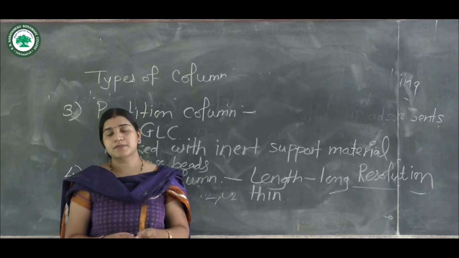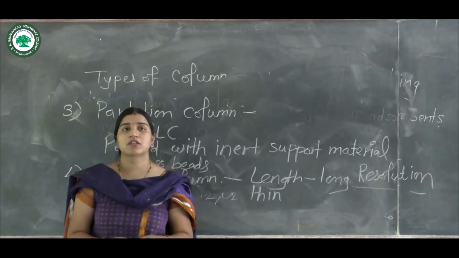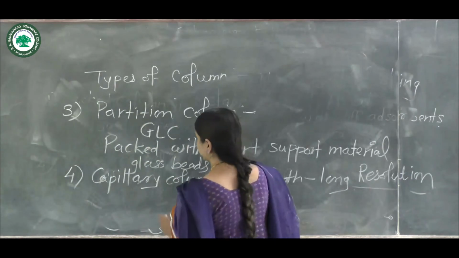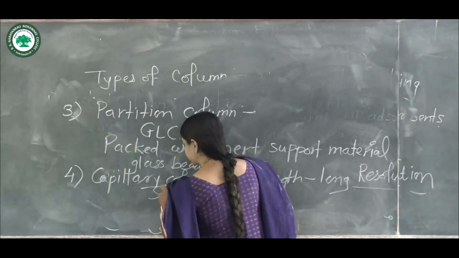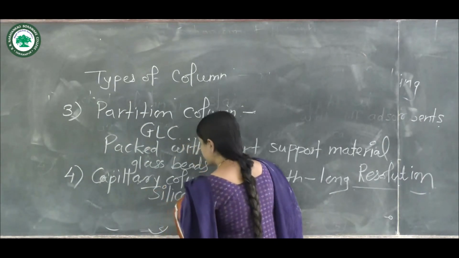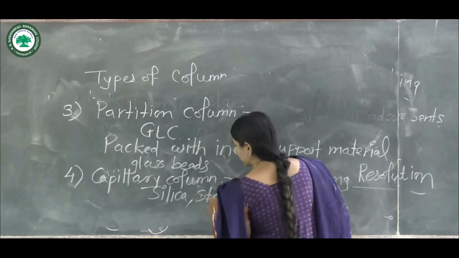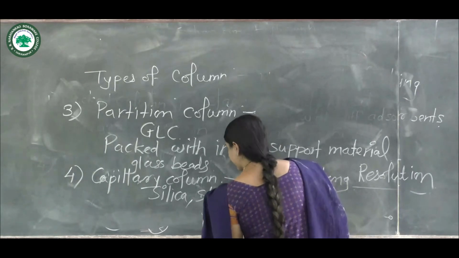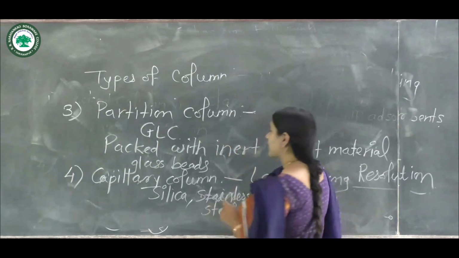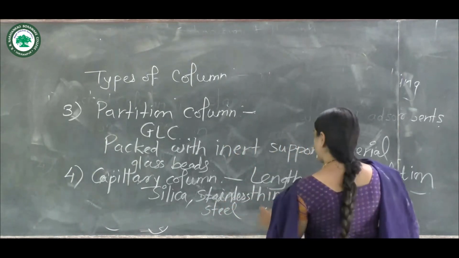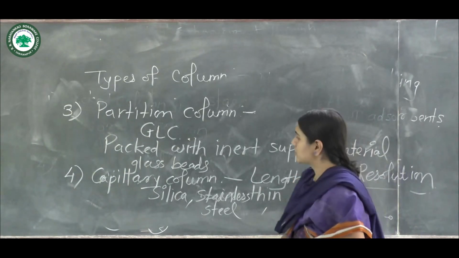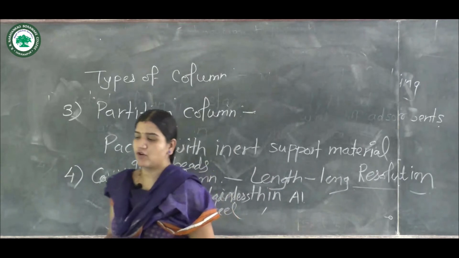Now what are the substances used for the preparation of capillary columns? We use silica or stainless steel or aluminium.